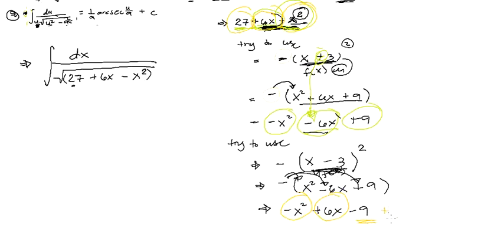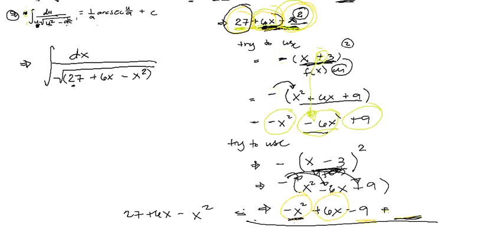So we need to add some value, some constant, in order for us to equate this form into our original function, which is 27 plus 6x minus x squared.